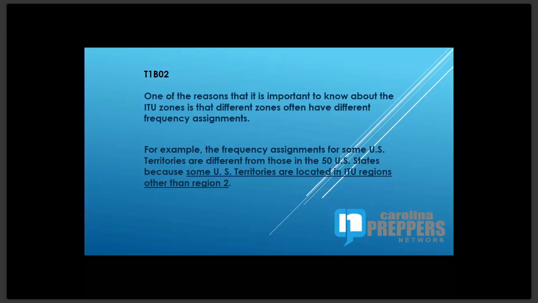And then electronic logbooks will tell you where that call sign originates from. A lot of times when you get good at it, you know by the call sign where it comes from. So in America, your call sign has to start with a W, a K, an N, or an A.